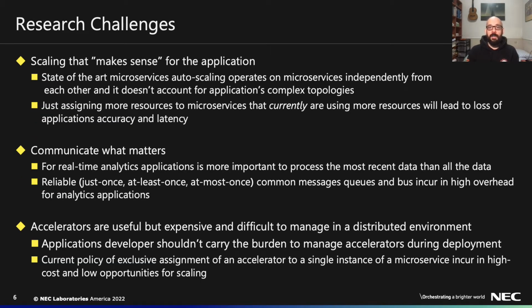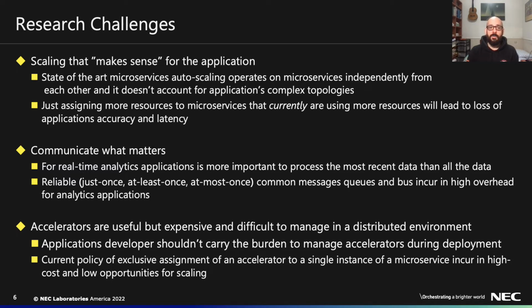Here we see some of the research challenges that we are facing at the moment and for which DataXe provides some unique technologies. The first challenge is to provide scaling that makes sense for the application, which means taking into account the complex topologies of applications and scaling based on the metrics that make sense for the application rather than just resource consumption.